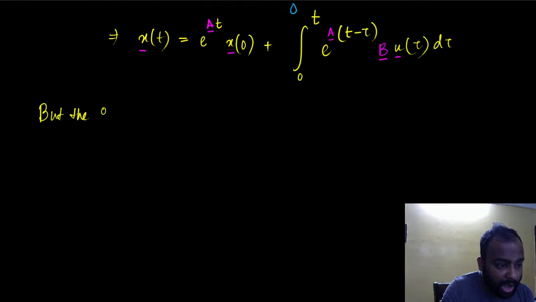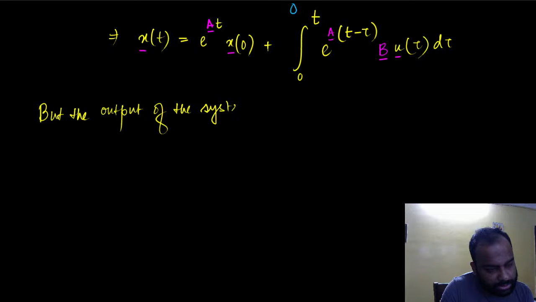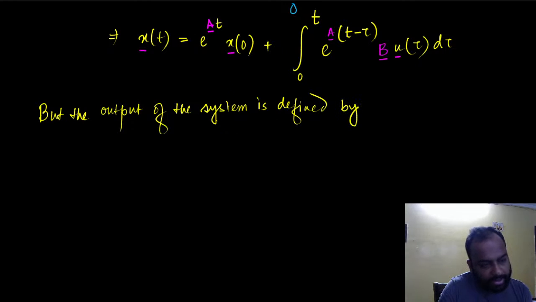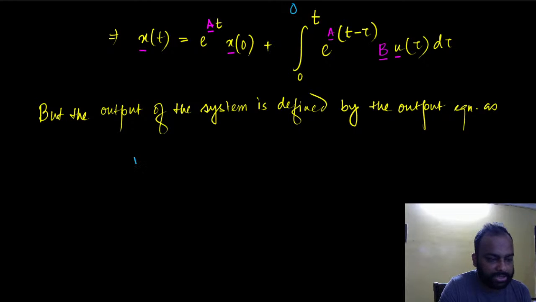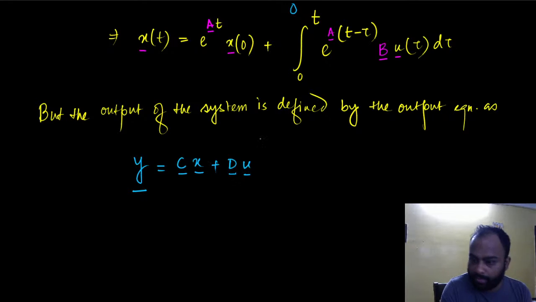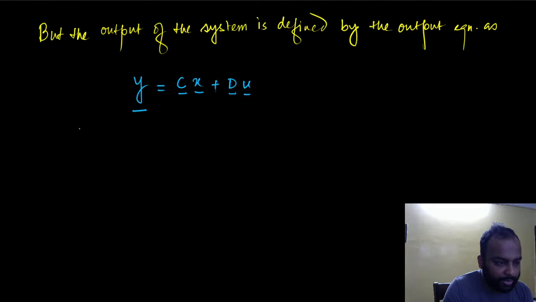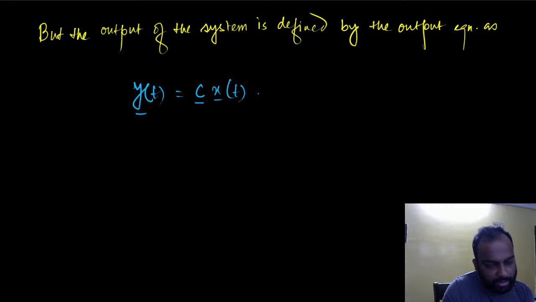But the output of the system is defined by the output equation: y vector is equal to Cx vector plus Du vector. Again, if you have any question, just ask. So y(t) is equal to Cx(t) plus Du(t).